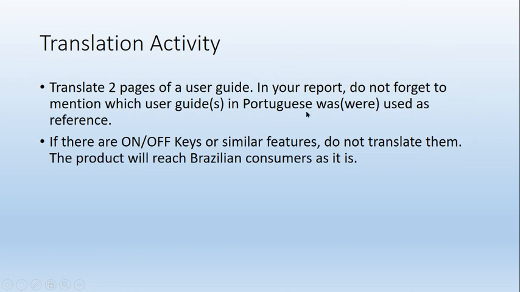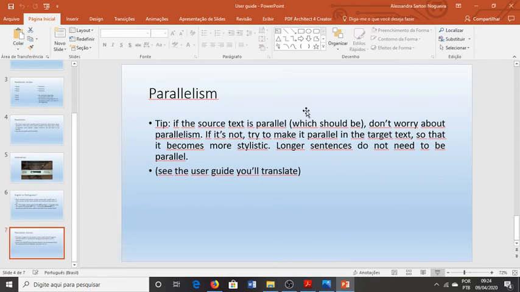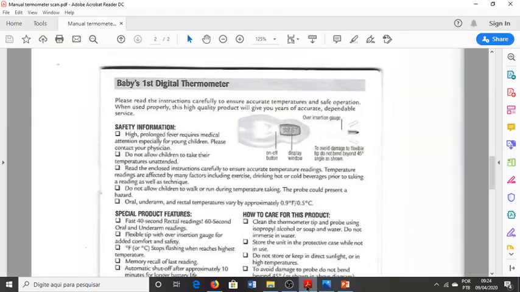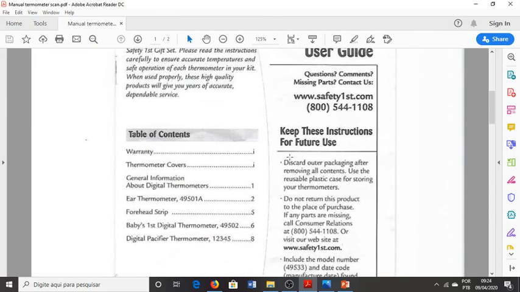I've been saying this all the time, that you should use as reference for vocabulary and also pattern of speeches. You should use the same textual genre. In this case, a manual, a guide, and of course, it's more important to use the manual of the product you are translating. In this case, it is a thermometer. This is the manual.